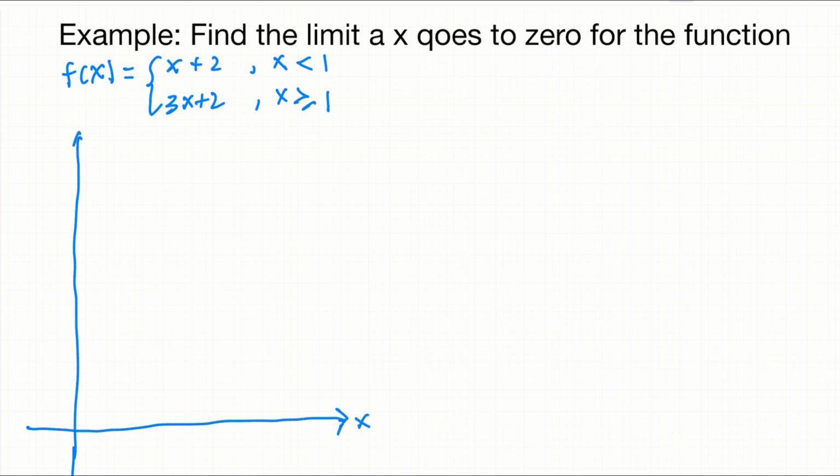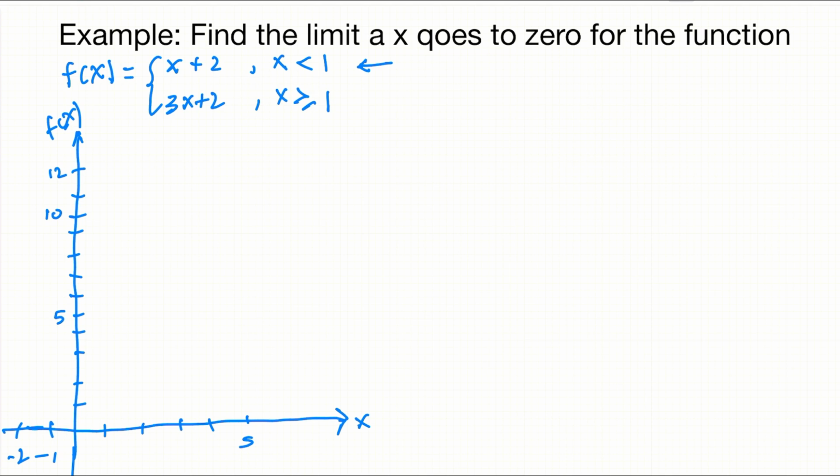X-axis, the f of x axis. Now it's going to be discontinuous here. So we're going to mark 1, 2, 3, 4, 5, then 1, 2, 3, 4, 5, 6, 7, 8, 9, 10, 11, 12, and then negative 1 and negative 2. So there's our xy coordinate system. Let's plot the first one, x plus 2, first.